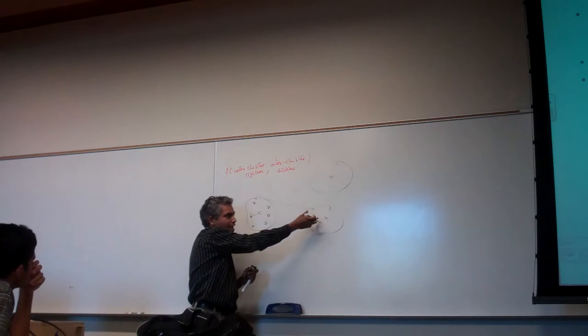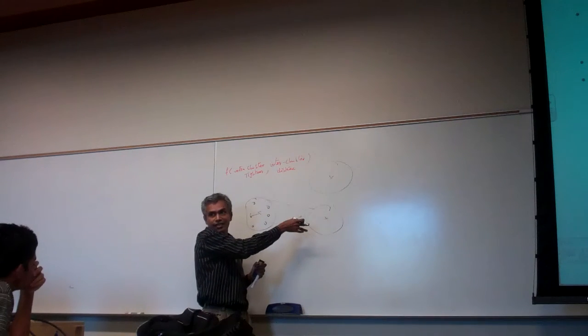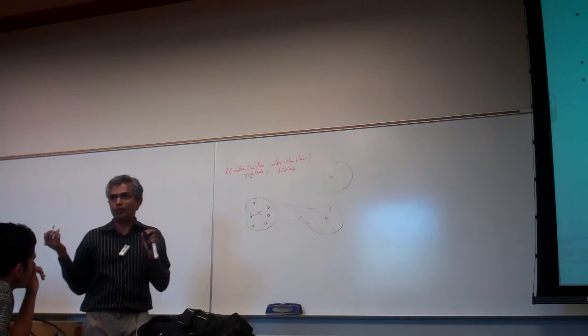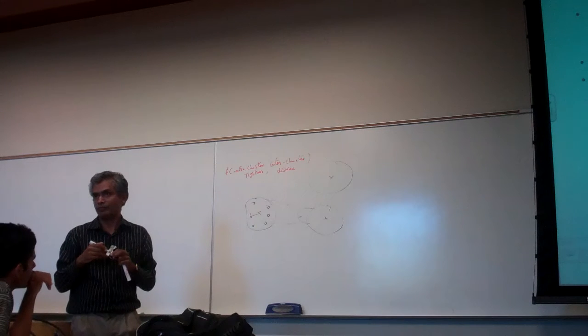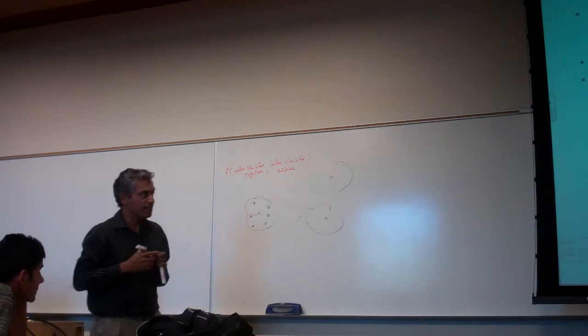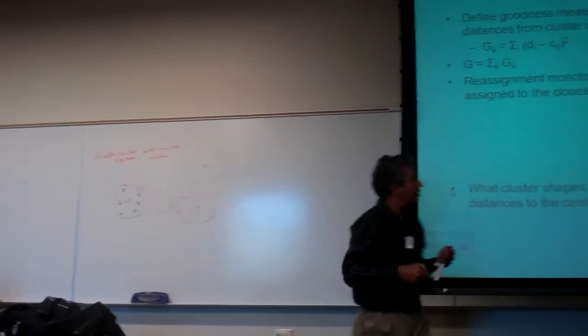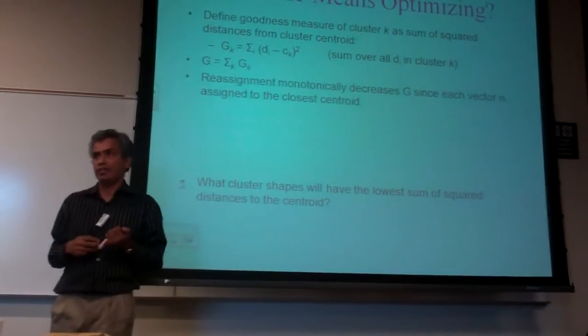His tightness has actually increased, his dissimilarity has increased, except the overall sum hasn't increased. The overall sum has actually reduced. So in general, in K-means clustering, each iteration, this measure keeps reducing.